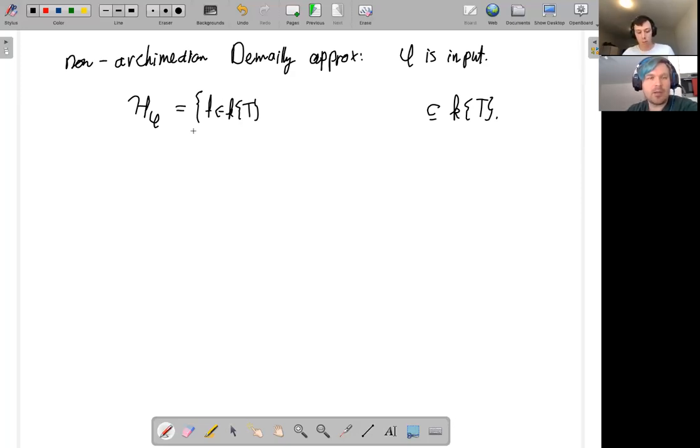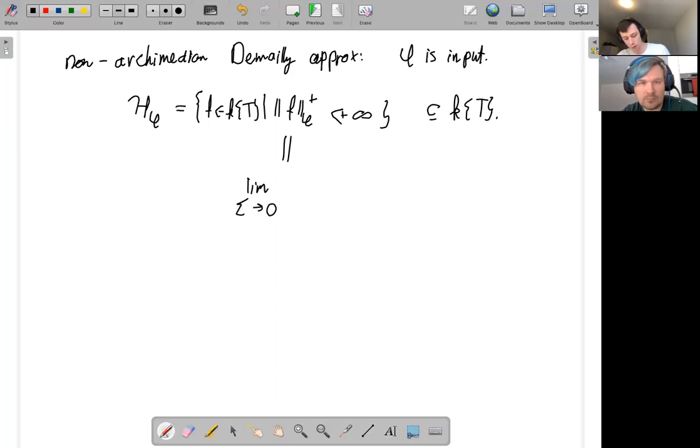I don't remember this terminology. Okay, it does either way. This is just a set of points such that this expression here is finite, where this is defined as the limit epsilon going to 0 from above of the supremum.